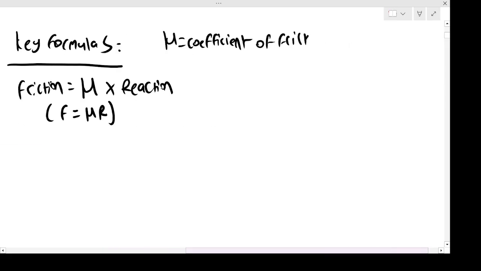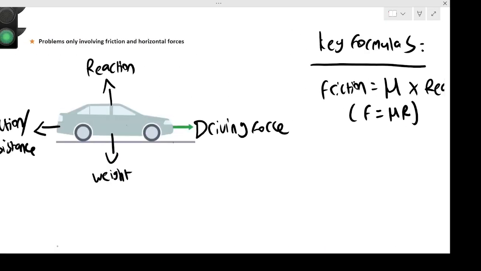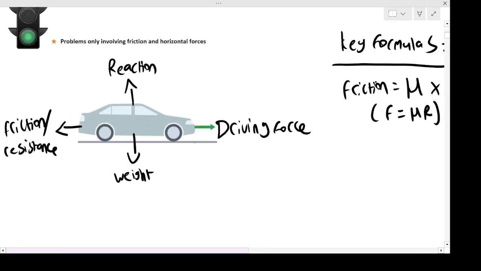The coefficient of friction is usually between 0 and 1, so it's kind of like a probability. Mu basically tells me how slippery the surface is, how slippery the road is.